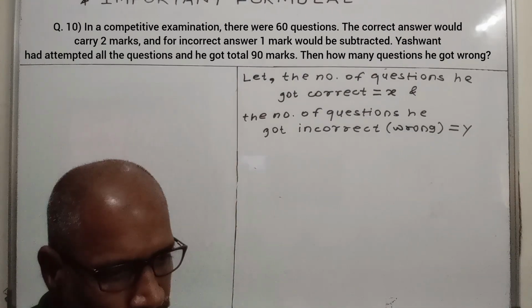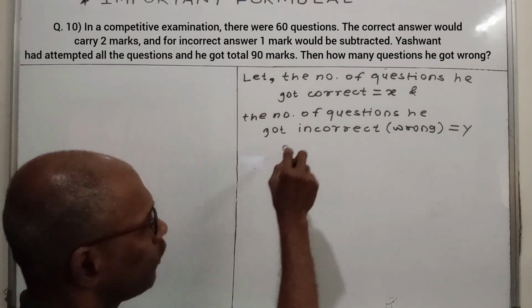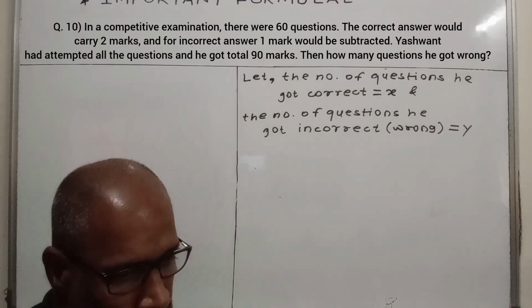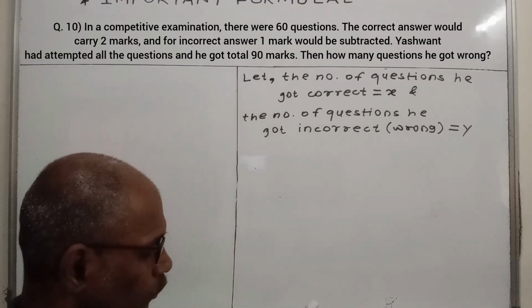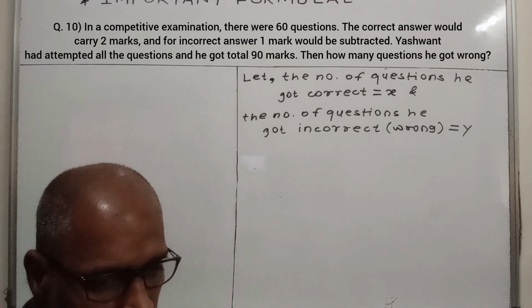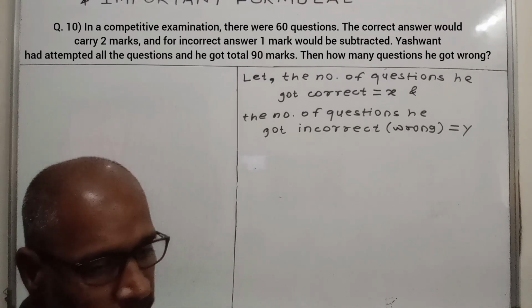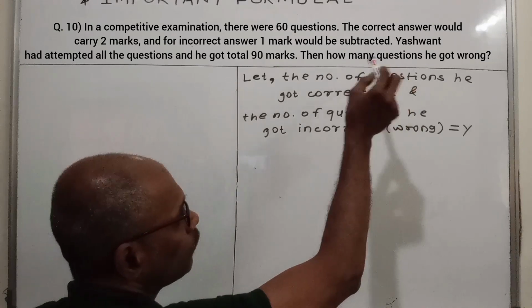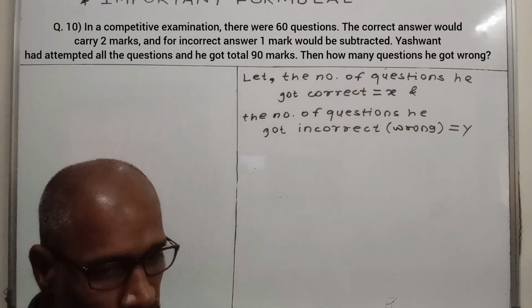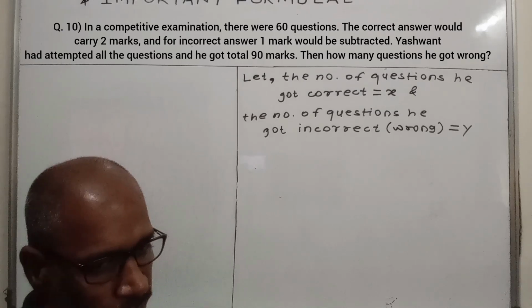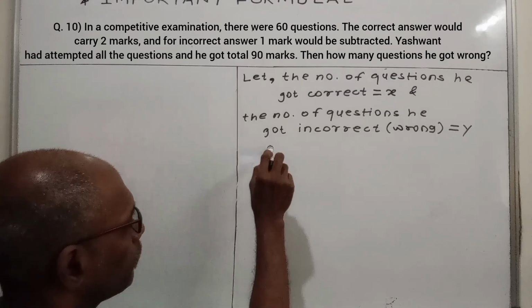Did you get it? Now total number of questions 60. There were 60 questions. Total number of questions 60. Now correct and incorrect. Total questions 60. Did you get it?